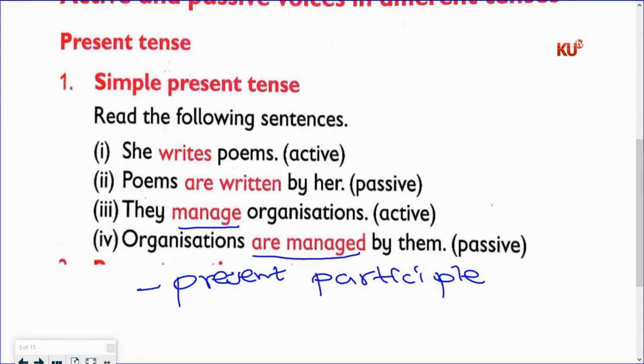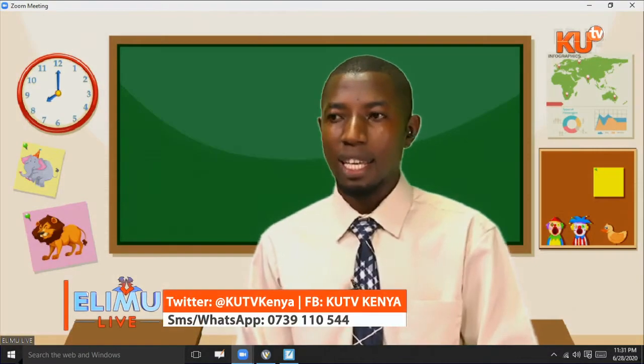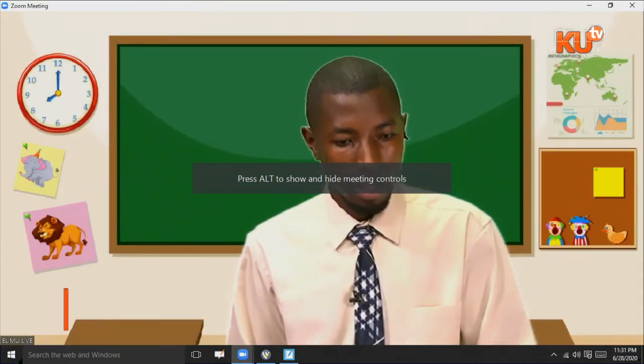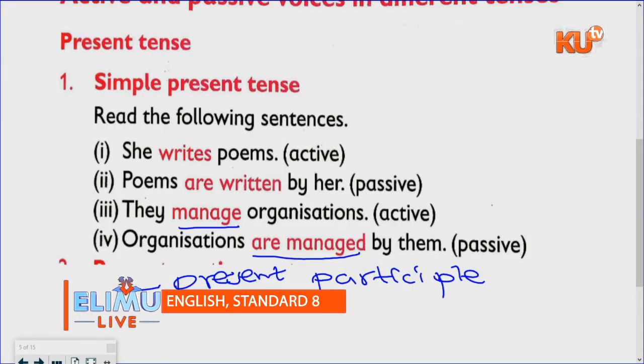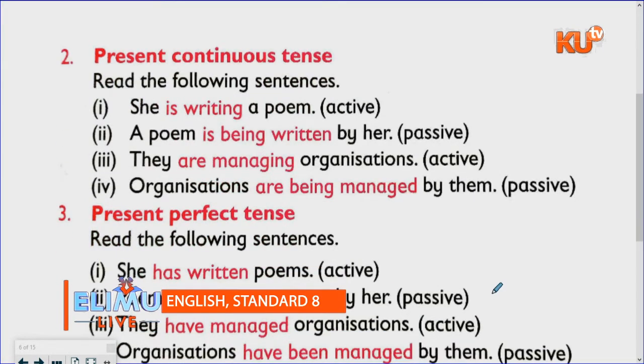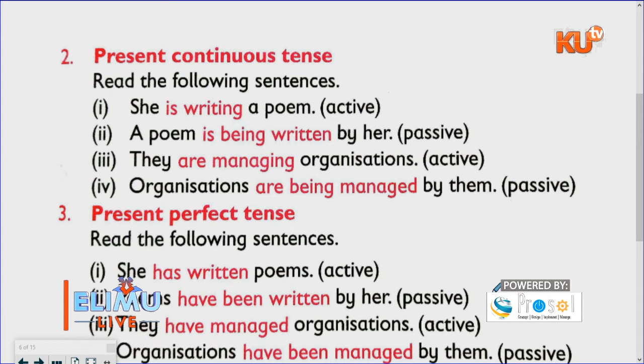So another one is present continuous tense. I take you to present continuous tense. Read the following sentences. She is writing a poem. Writing indicates present continuous tense, and it is in active voice. We have started with the subject, the verb, then the object, and our focus is on the subject, which is she.